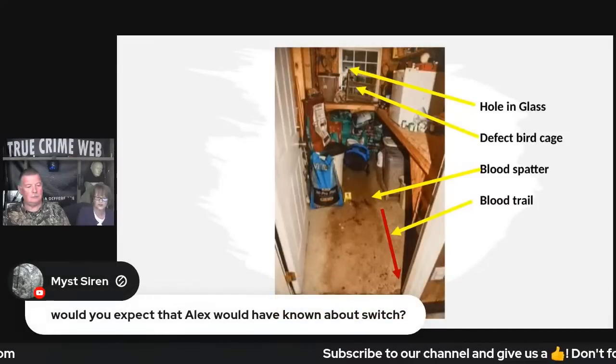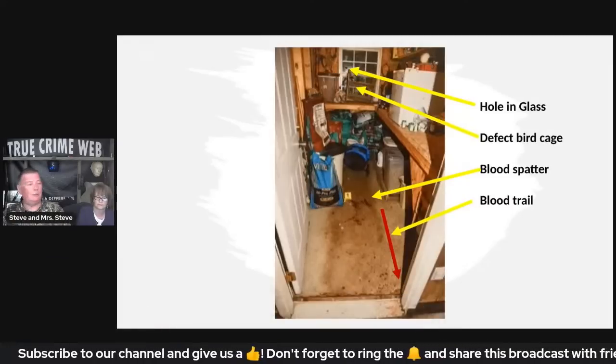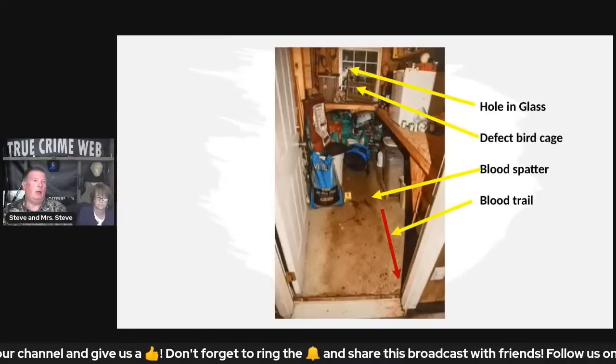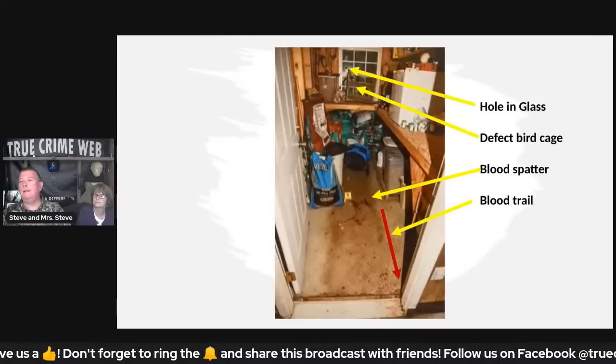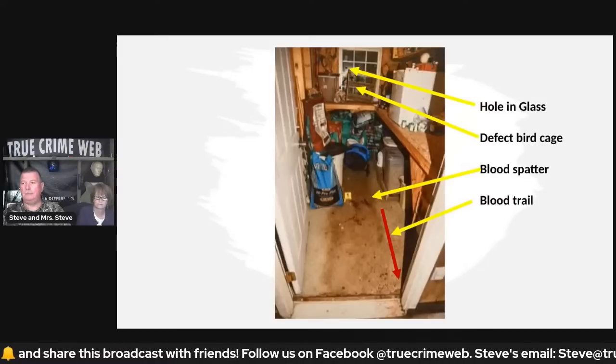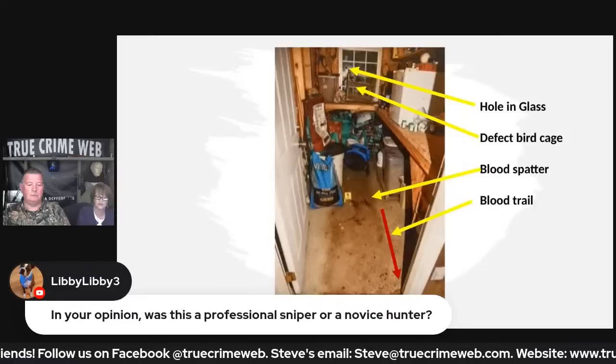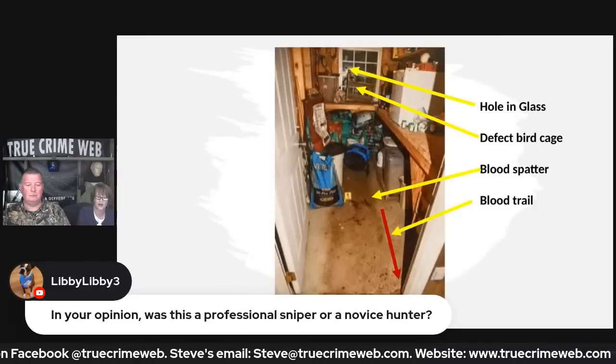And Mist, would you expect that Alex would have known about the switch? No, I don't think he would. I was a hunter all my life prior to that, and until I had that type of training, I didn't know about that. All right. And Libby 3, in your opinion, was this a professional sniper or a novice hunter?